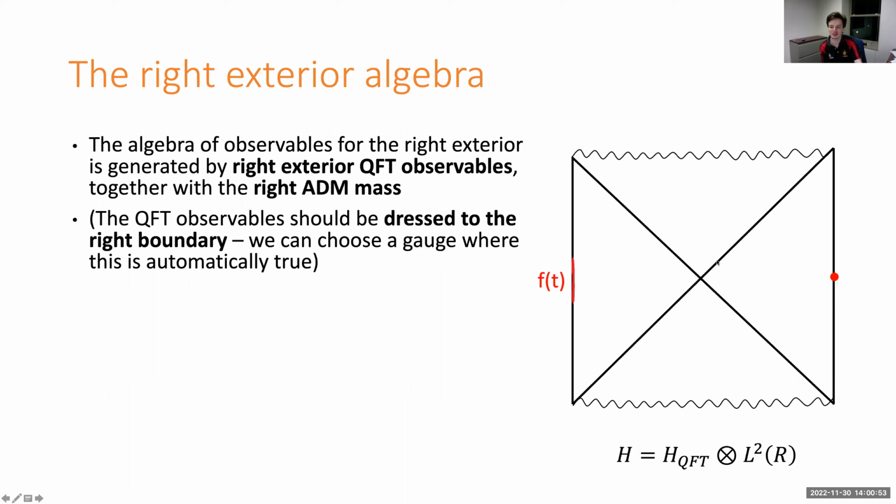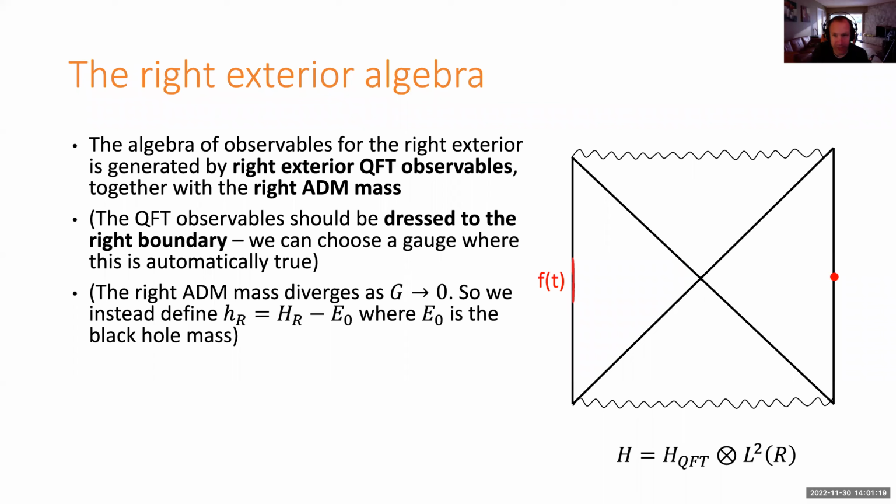We're using coordinates for the bulk that are automatically dressed to the right boundary. But the left exterior observables wouldn't be dressed to the left boundary. They'd naturally be dressed to the right boundary. So if we wanted to dress to the left boundary, we'd have to conjugate by the time shift. I'm not going to get into that more, but that's an important side comment.